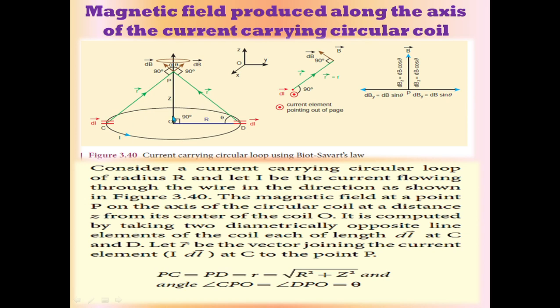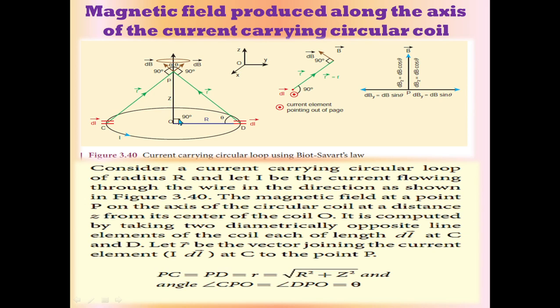The magnetic field at point P, on the axis of the circular coil at a distance Z from the center of the coil O.